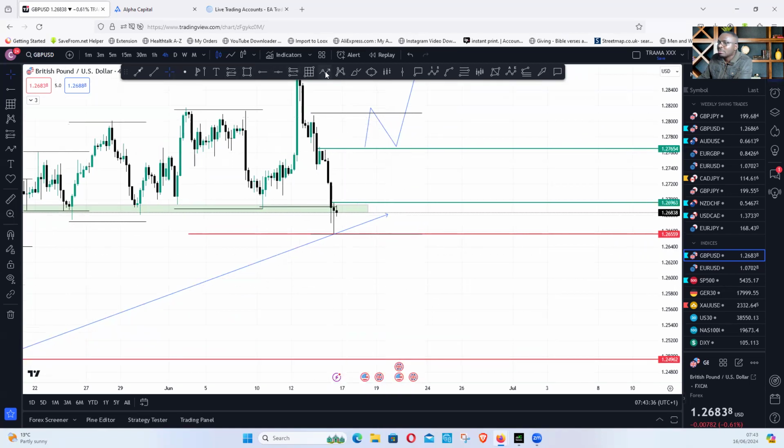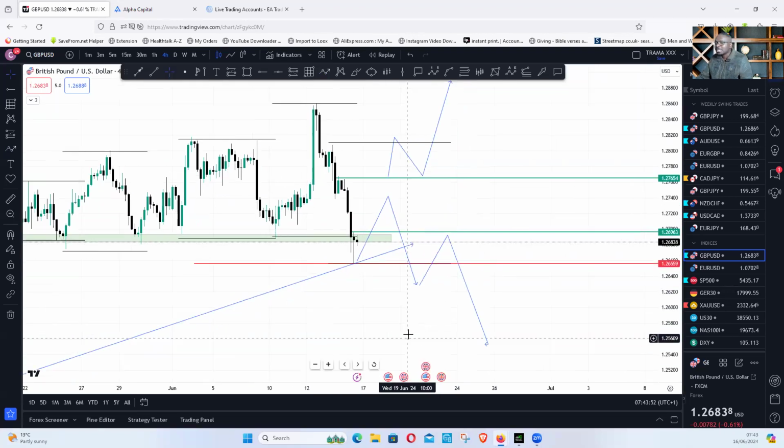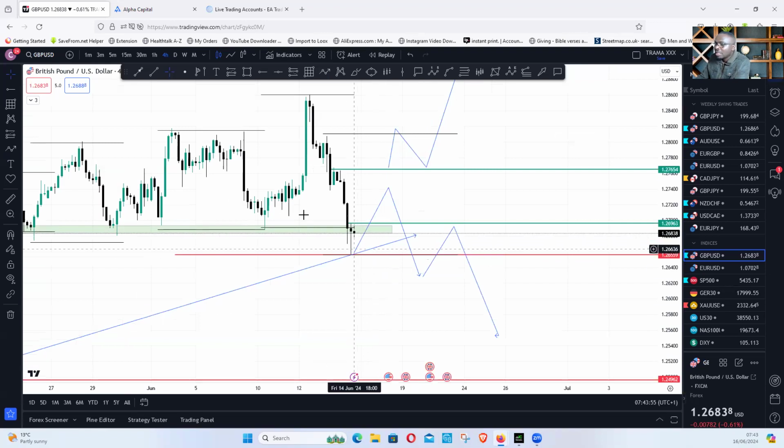So anticipate a minor pullback. That's what's going to happen. And then a continuation that will break this low, and then a continuation that will take the price down.